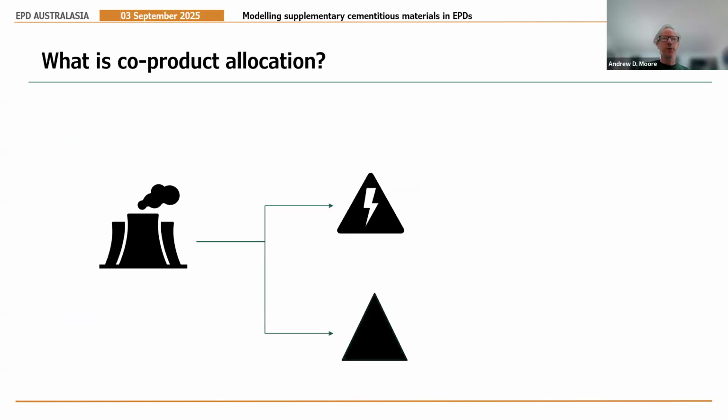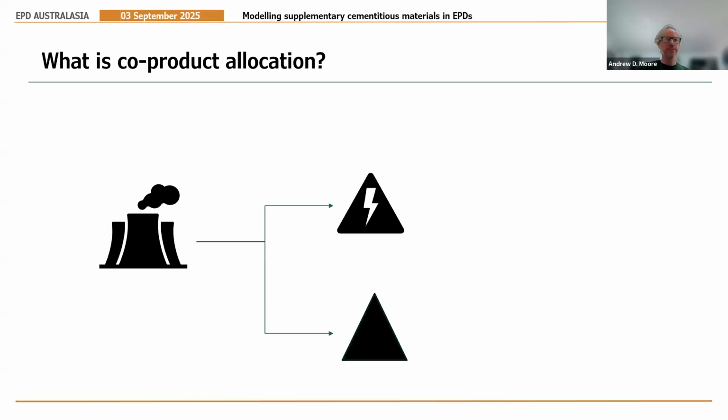If we go on to the co-product allocation slide, to give a very basic breakdown of what we're talking about with co-product allocation. If we look at an electricity production process, the primary reason we're producing electricity at the power stations is for the electricity.